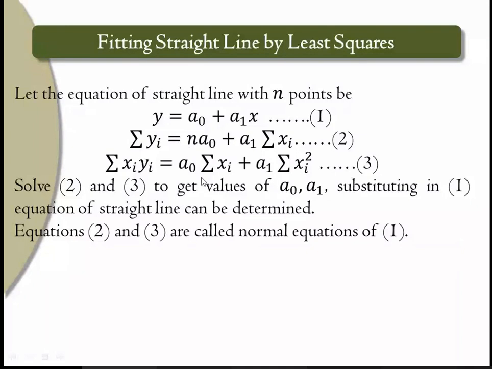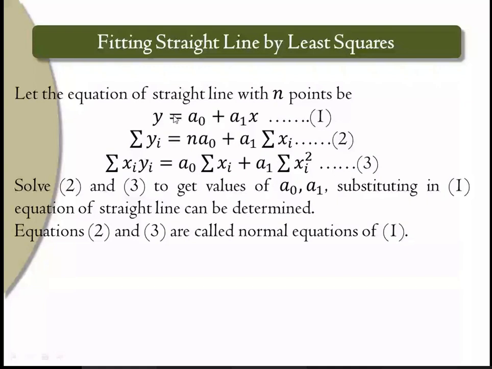Solve those two equations simultaneously, we get a0 and a1. And putting that a0 and a1 into the first equation, we can get the solution. Okay, no separate formulas to remember. Just whatever equation of line we want, take that equation, take summation, multiply by x, and then take summation.